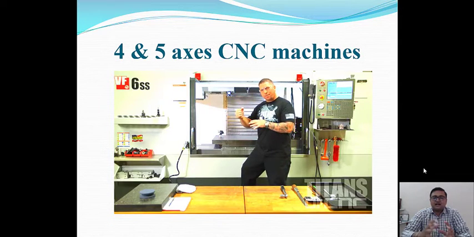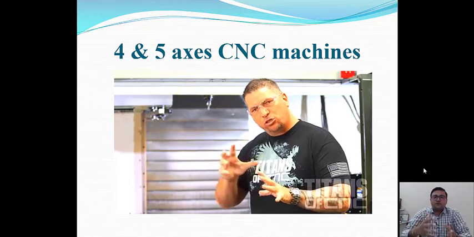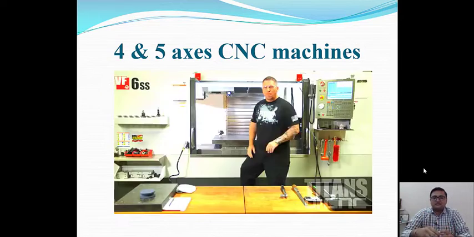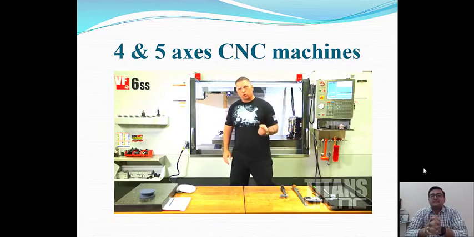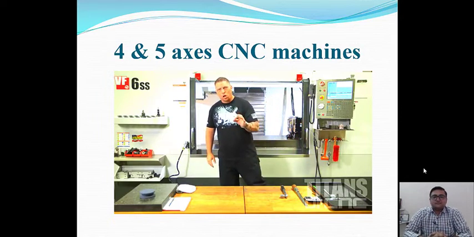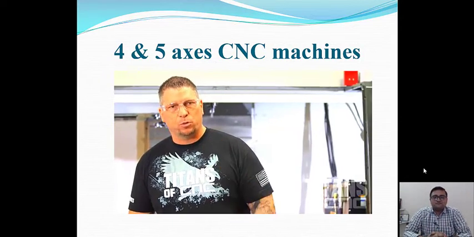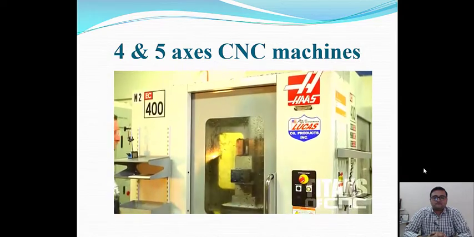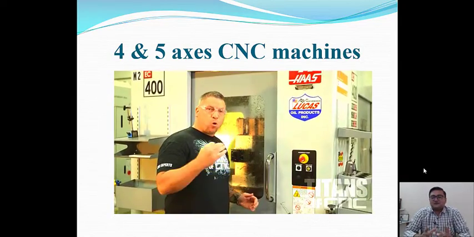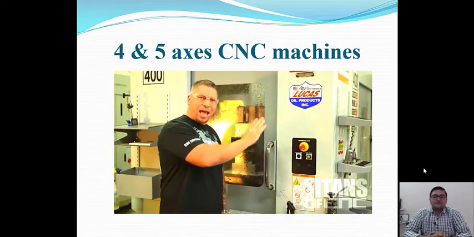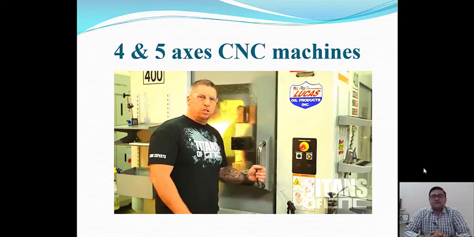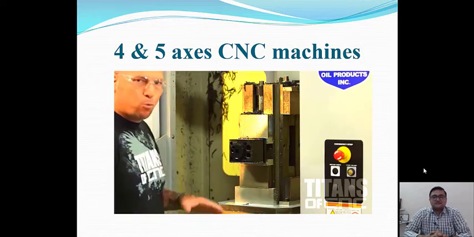And he is explaining how actually the 4 and 5 axes are working. And he is going to show you, because this person has a 4 and 5 axis CNC machine in his garage. So now the wait is over. Now we are going to look at the 4 and 5 axis CNC machine.